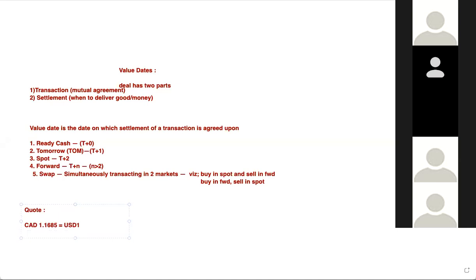Then I will say CHF 1.3785 is equal to USD 1. Are you following, all of you? Are you following here? Yes, ma'am. So now, what is cross currency rate?